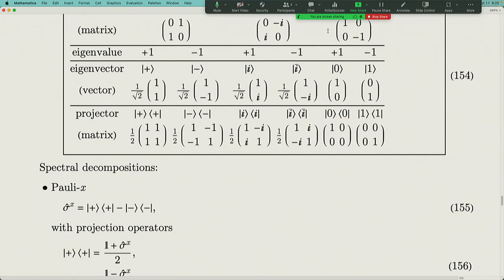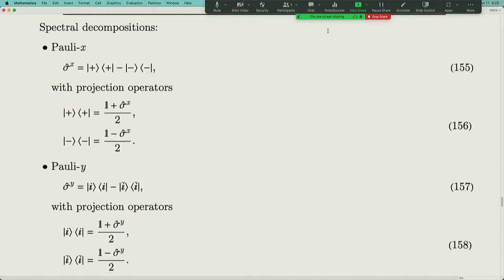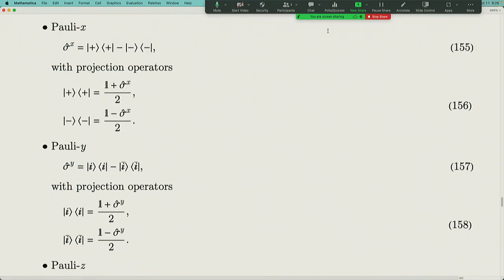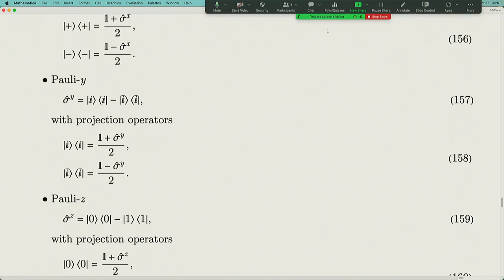So you can really check that for every Pauli matrix, no matter if it's X or Y or Z, its eigenprojector always takes the form of 1 plus or minus, depending on which projector you are talking about, and then this operator divided by 2. Furthermore, if you combine these two projection operators with the corresponding eigenvalue coefficients, you will see immediately with very simple algebra that you will recover the original operator.